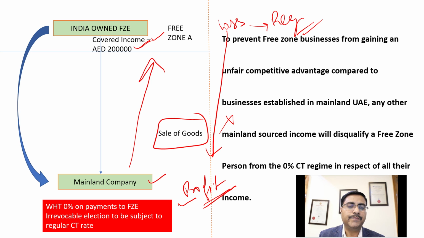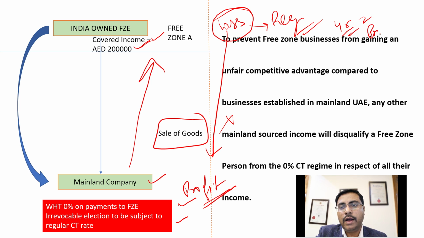In that scenario, your free zone would be liable to tax at the normal rate. The election can be made as per the article, but this election is irrevocable. Once you opt, you cannot go back. So just for the purpose of allowing these losses, you elect to pay the regular tax rate. But in case in year two you earn a profit in the free zone, this free zone profit will again be liable to tax.